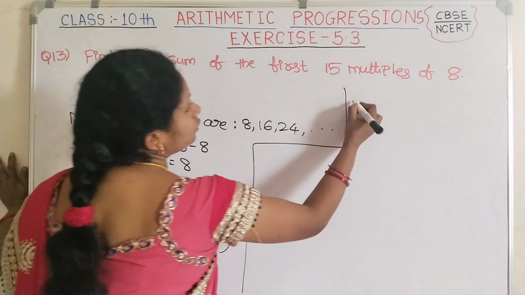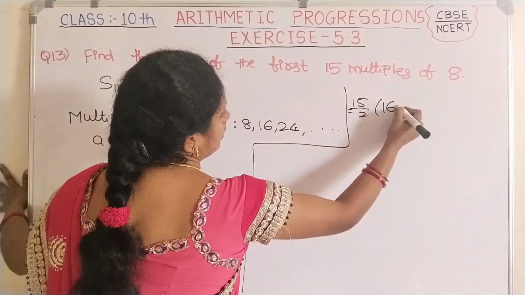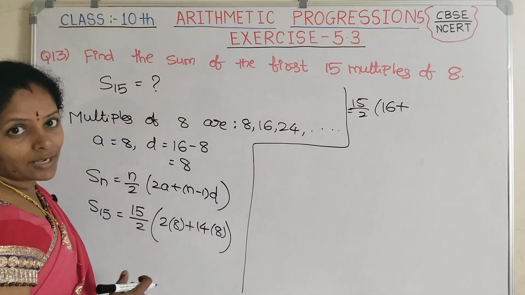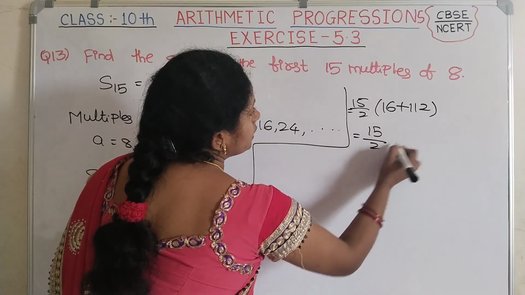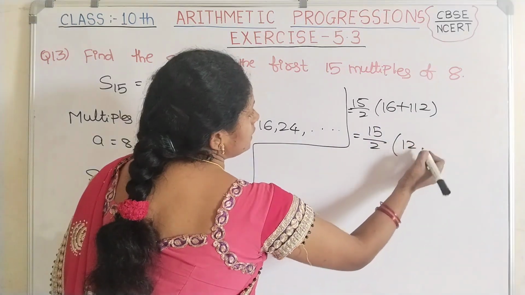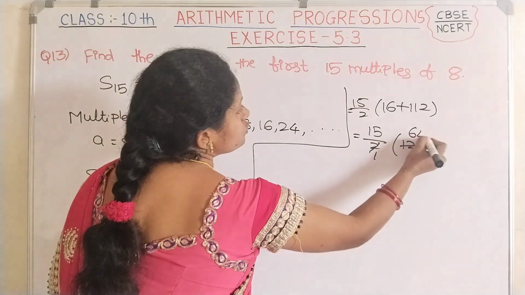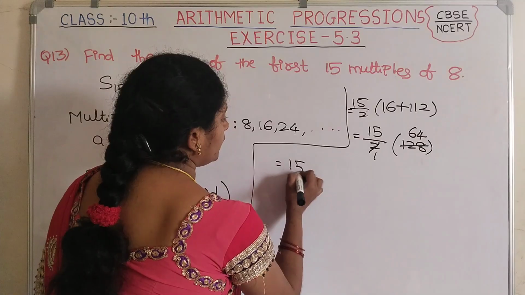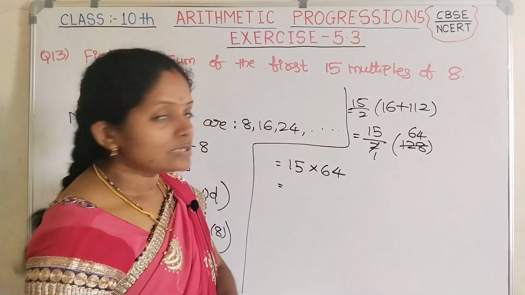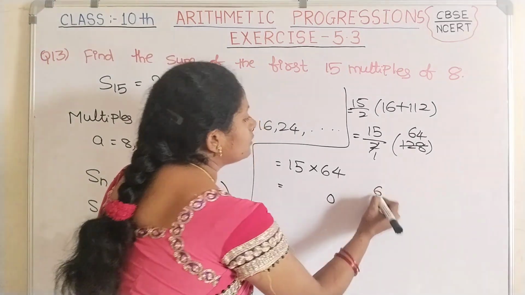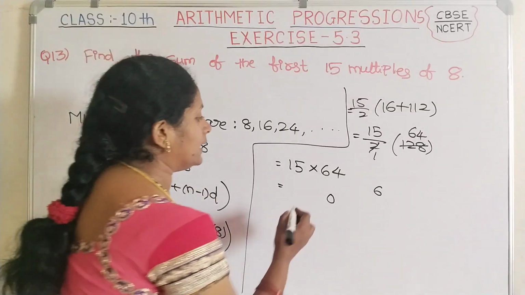Next 15 by 2 into 8 twos are 16 plus 14 into 8 is 112. 15 by 2 into 128. 2 1s are 2, 2 6s are 12, 2 4s are 8. 15 into 64. 15 4s are 60. 0 carry 6. 15 6s are 90. 90 plus 6 is how much?